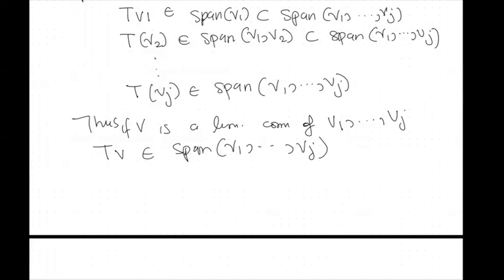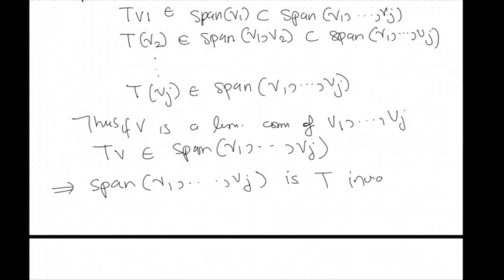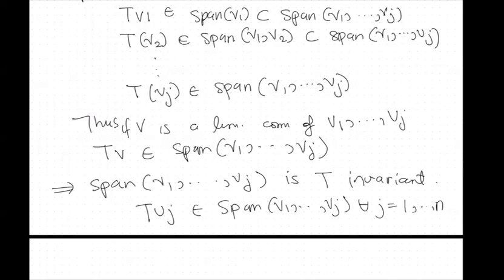This means that the span of V1 to V sub j is T invariant, which is what we need to show. That is, T of V sub j is also in the span of V1 to V sub j for all j from 1 to n. So this completes the proof of this statement.